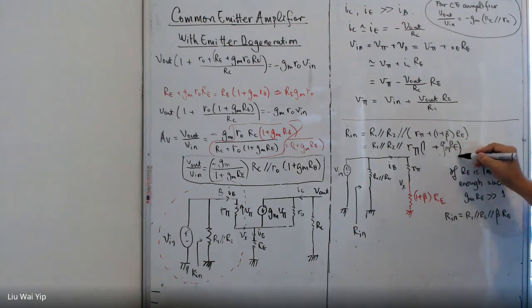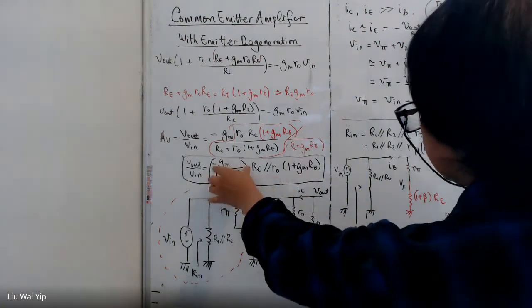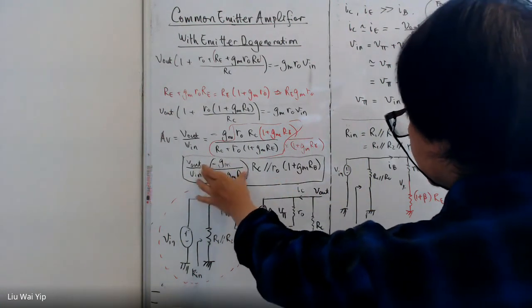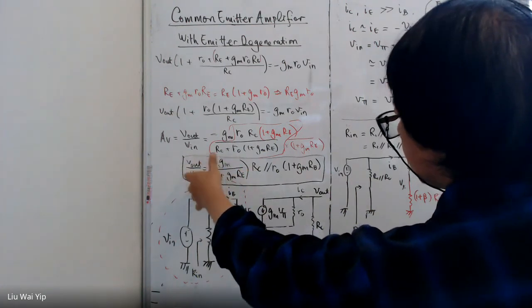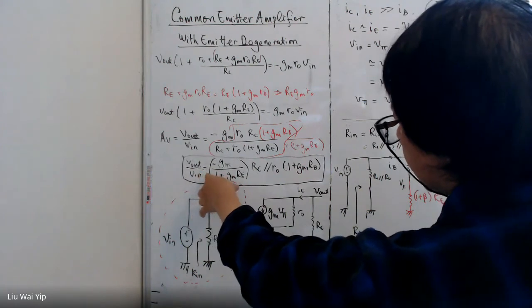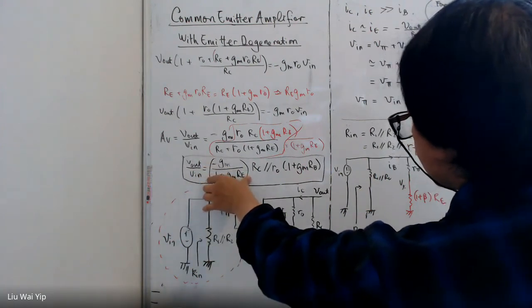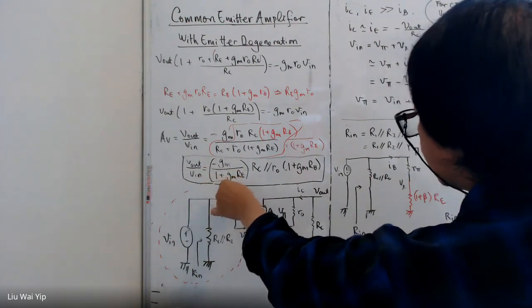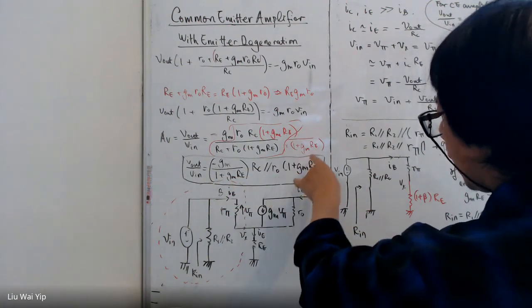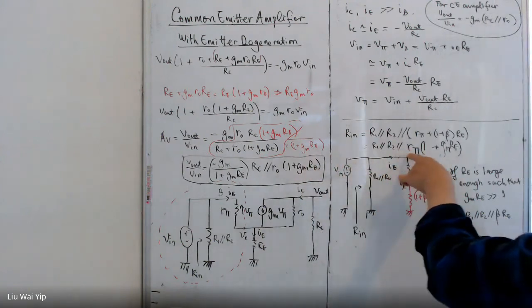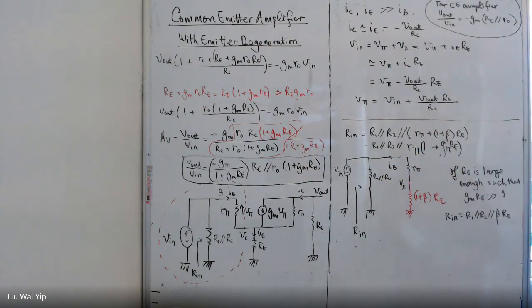So we know that in the formula for the voltage gain, the conductance gets scaled down by this amount. On the other hand, R load is scaled up by this amount, and the input resistance is also scaled up by this amount. So there are a few things we can tell to the world.